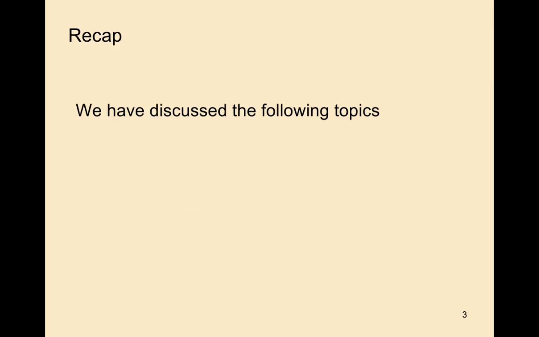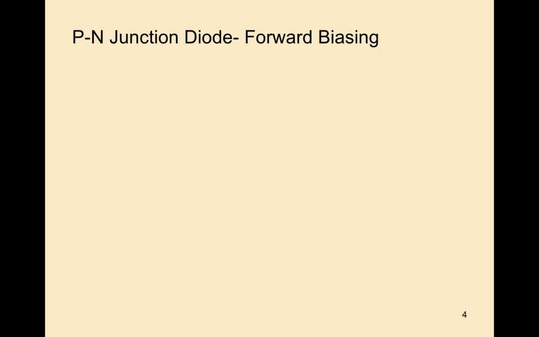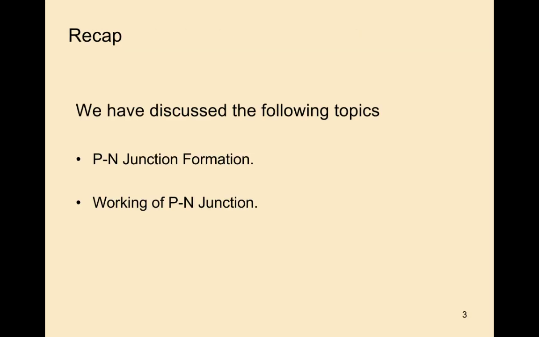So recap. What we have discussed in the previous class: formation of PN junction, working of PN junction. We discussed how the PN junction is formed by joining p-type semiconductor and n-type semiconductor. We get a new device called the PN junction diode.